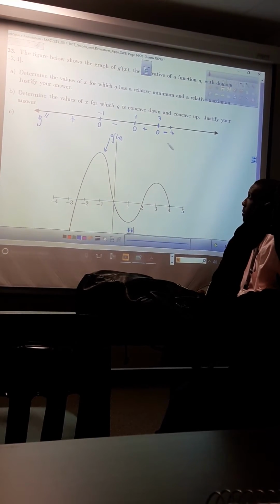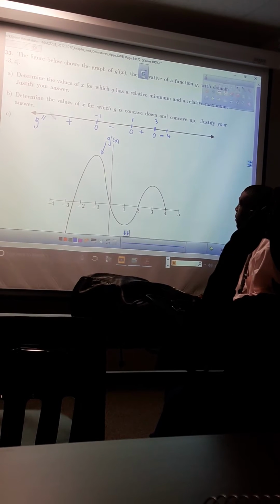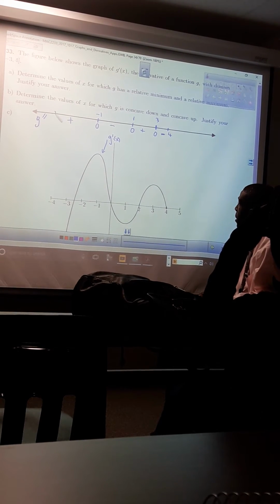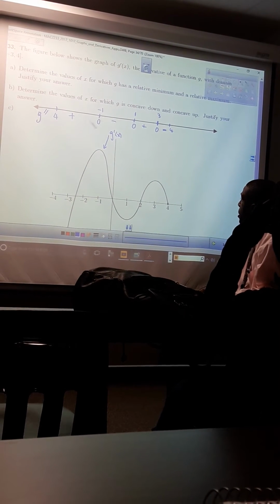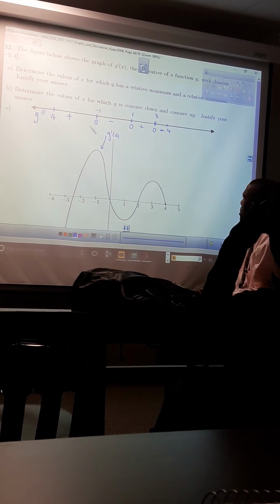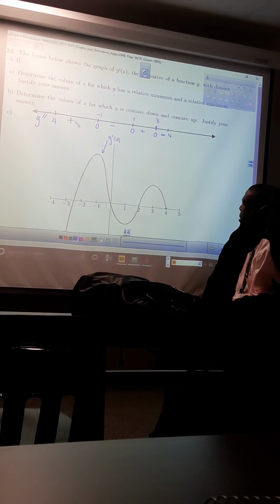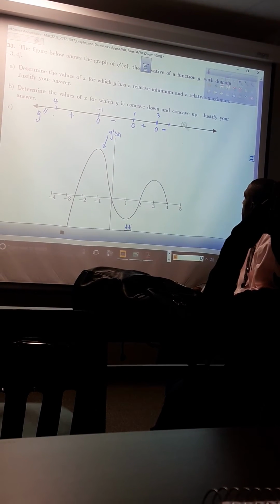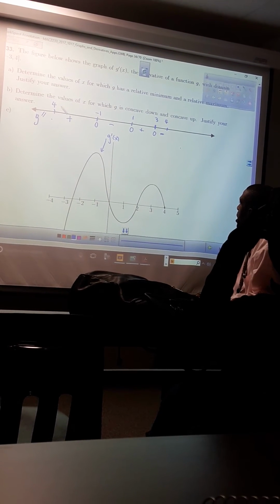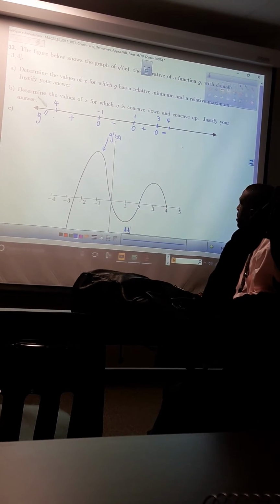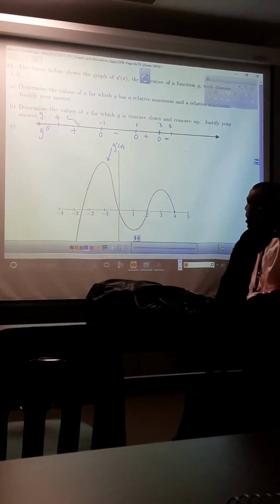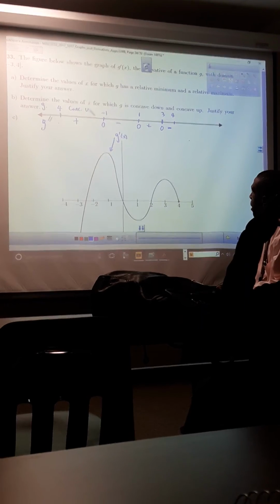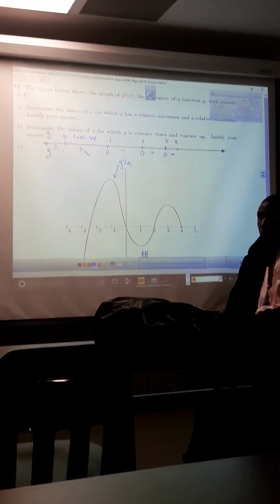G double prime is negative, which means from 4 to -1. I should put this up here. From 4 to -1, G is concave up because G prime is positive.